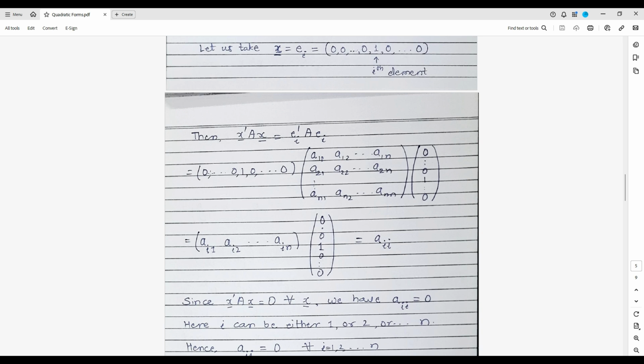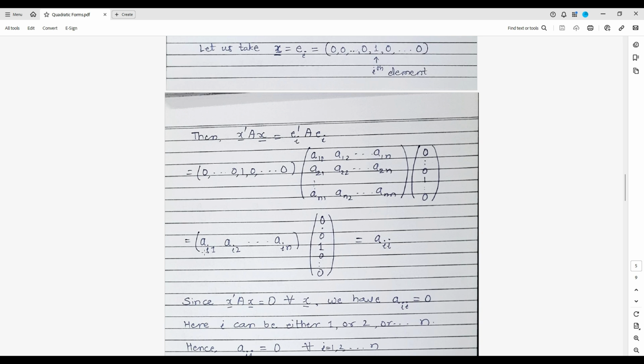Now A is an n by n matrix of this type. Then if we pre-multiply it by x prime, we get the ith row of this matrix. Because each time I get the ith element in each column, I end up getting the ith row of matrix A when I pre-multiply by ei transpose.